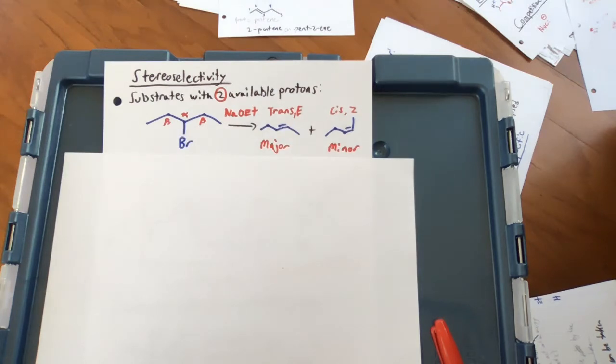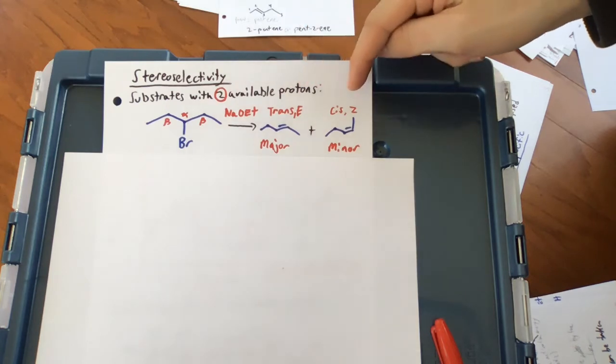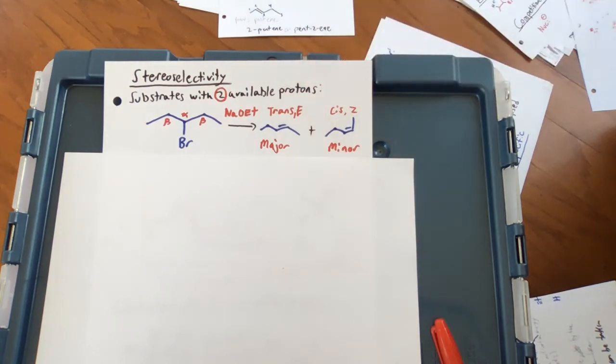This alkyl bromide has 2 beta carbons attached to the alpha carbon, and upon deprotonation with sodium ethoxide, as you see here, you can get either the trans or the cis alkene. Both of these are stereoisomers, so the fact that you can select for one stereoisomer over the other means that this is a stereoselective reaction.